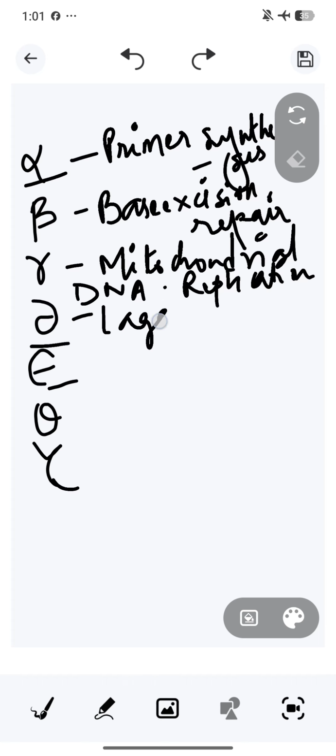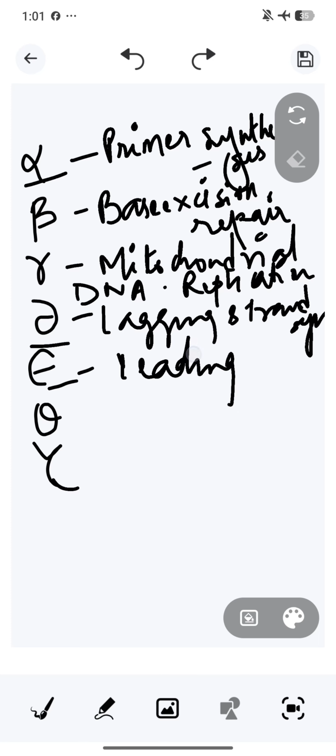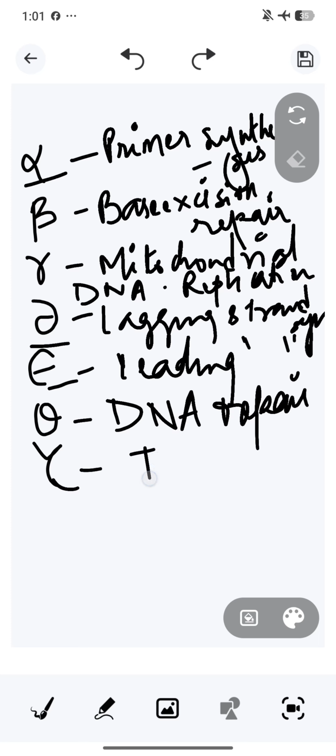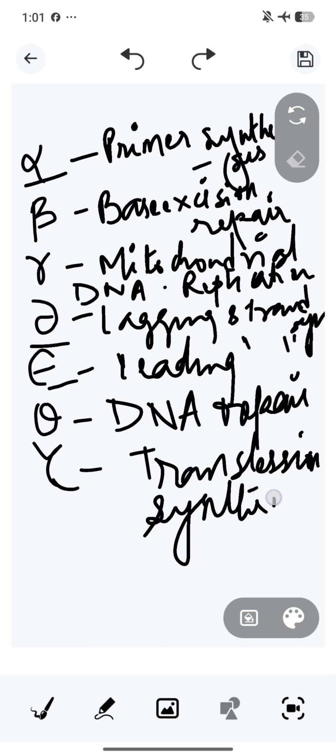Delta is lagging strand synthesis. Epsilon is leading strand synthesis. Theta is DNA repair, and zeta is translesion synthesis. What is this translesion synthesis? SOS repair.